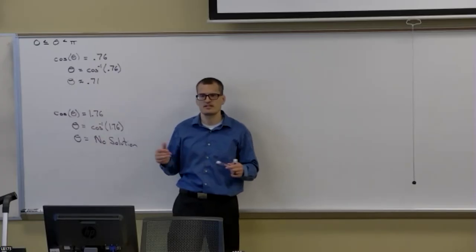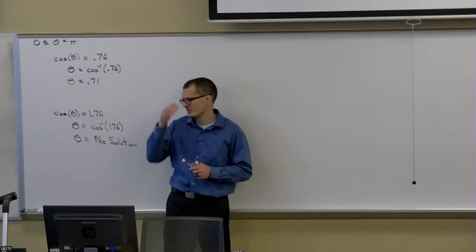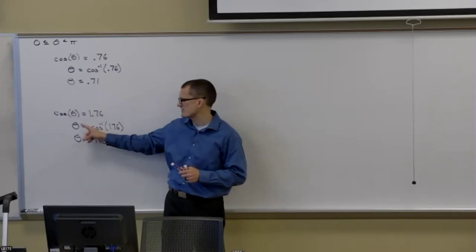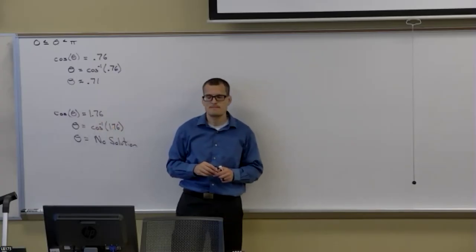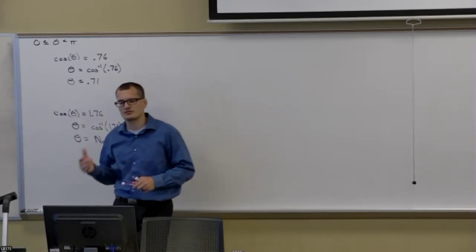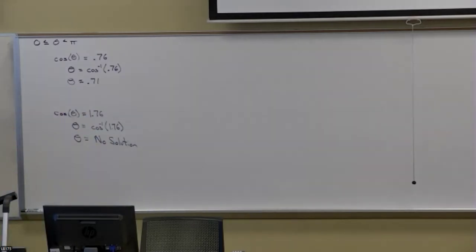Because it's an x value on the unit circle. So unit circle cannot have an x value of 1.76. So that's no solution or does not exist. I don't know what you type in, depending on what Moodle asks you to type in. It's probably going to be no solution or DNE. Okay.